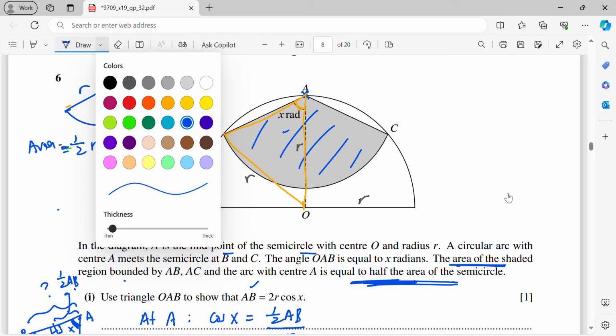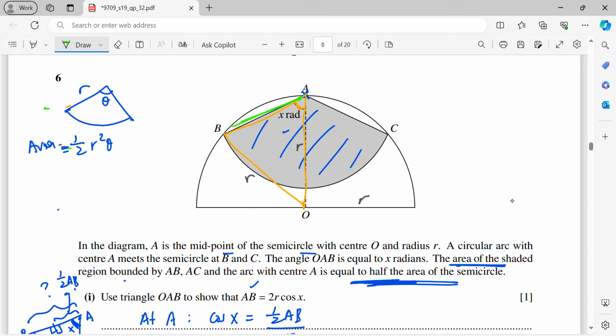Basically, the AB is the radius of the sector ABC. So here we have found 2r cos x. This is our radius, and then the angle here is x, which means this part is going to be the same. That is also x.